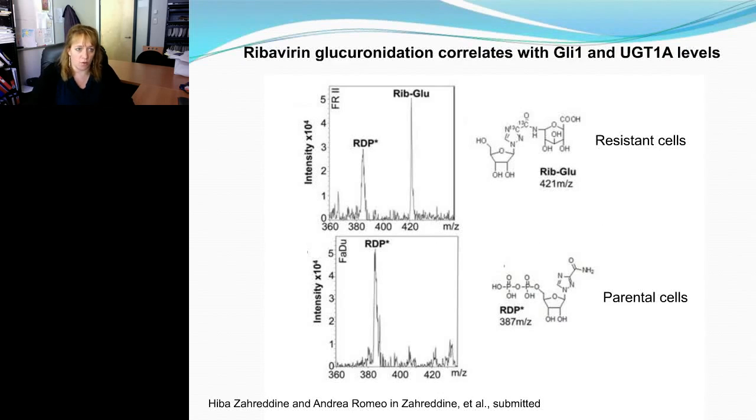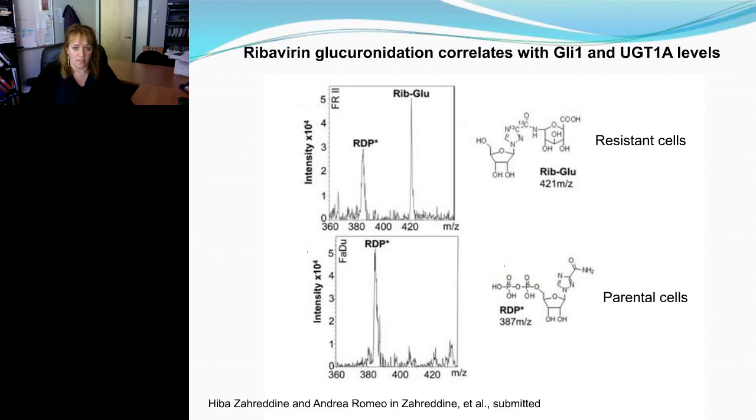So obviously, though, it doesn't mean that the UGT has actually glucuronidated ribavirin, and so we used mass spectrometry in combination with hydrophilic chromatography to identify ribavirin glucuronides. So if we took either the type 2 resistant cells or the parental cells and looked, we saw the metabolite, for instance, ribavirin diphosphate.